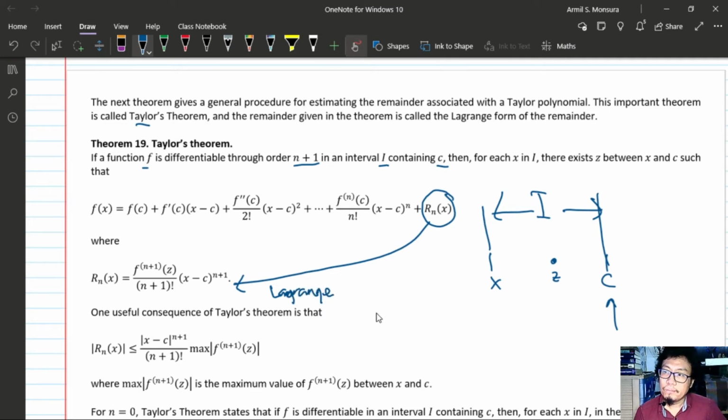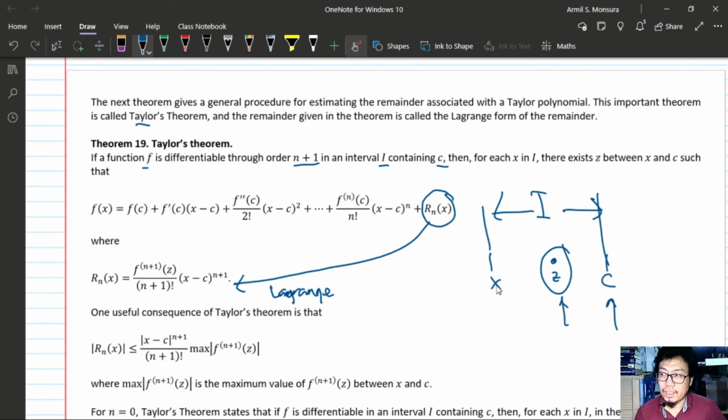So we will be able to evaluate that error if you know this number c. But in most cases we don't know that number. What we know is that it is within this interval between x and c.